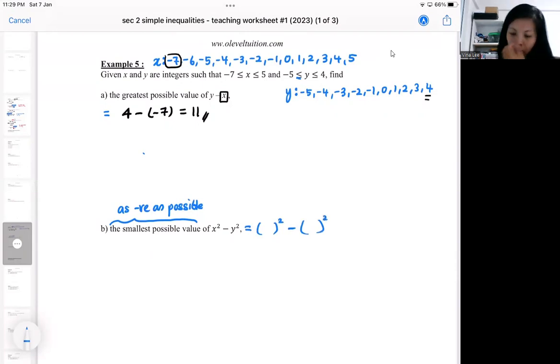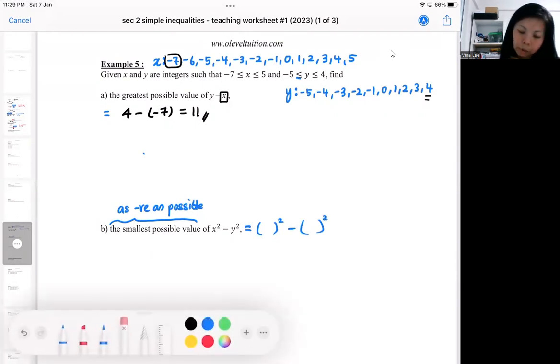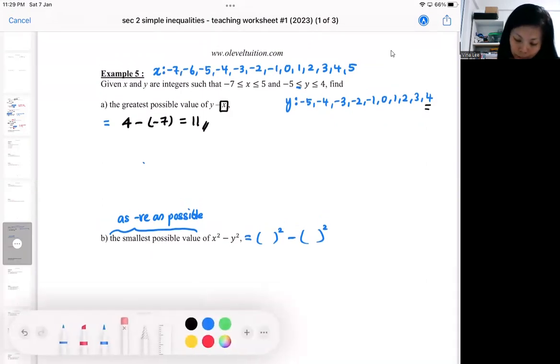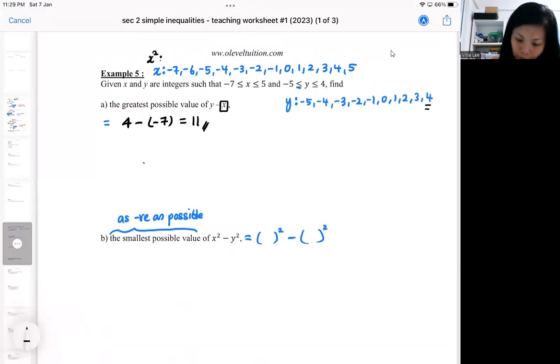Okay, so I'm going to show you one trick. If you are dealing with a squaring, I suggest you do an extra column. You do an x squared. You go and square -7. Go and square -6. Go and square -5.